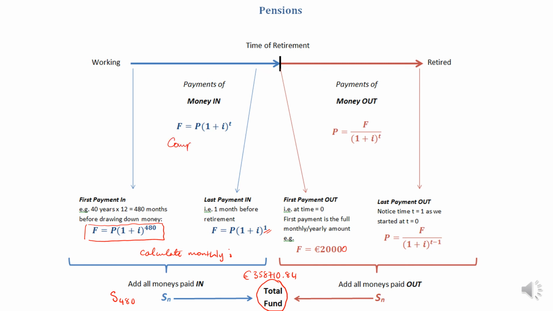So this was compound interest, and this is present values. And they were all supposed to equal 20,000. To note that the last payment out was at the start of the last month.